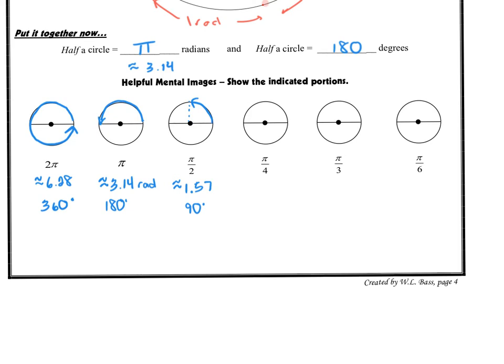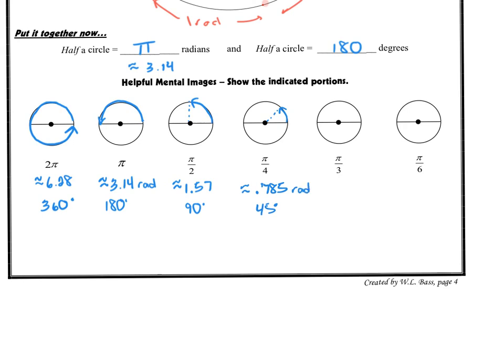So whatever way your brain thinks about it, either way, we're going to have our 45 degrees, and that's only going to come to about here. Okay, and if we type that one in our calculator, we'll get 0.785 radians. So it's a little bit before that first dot. It's not to the full dot yet.